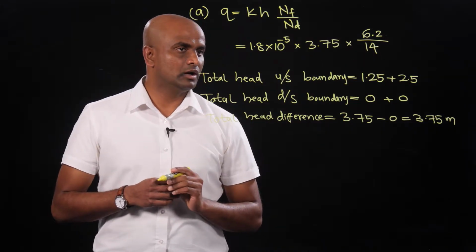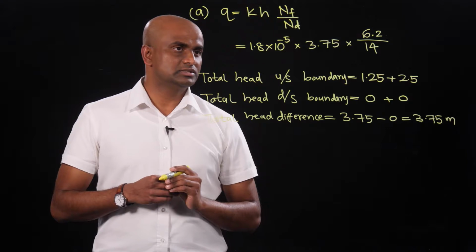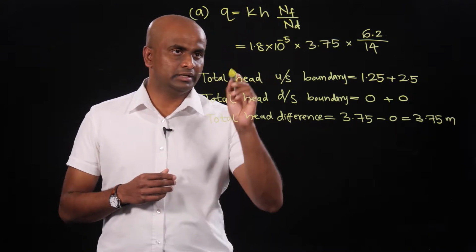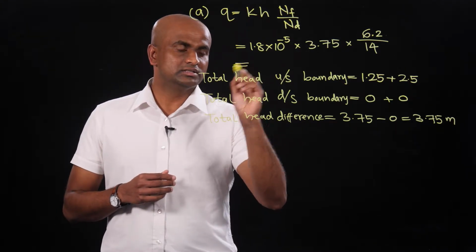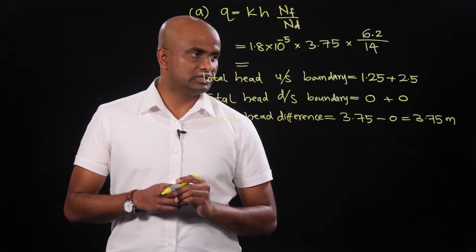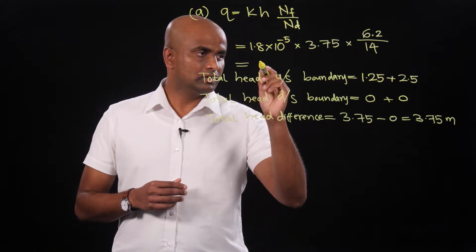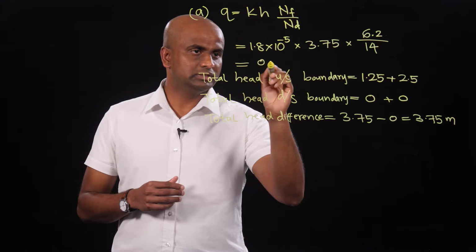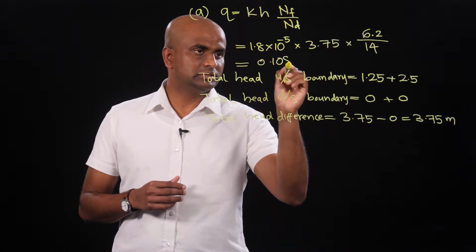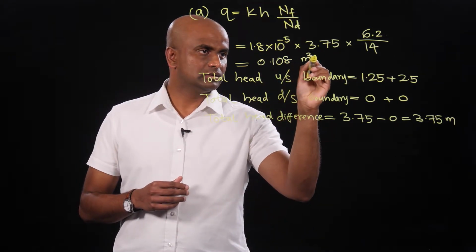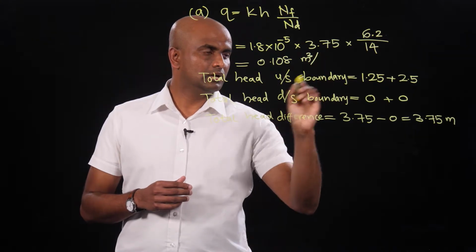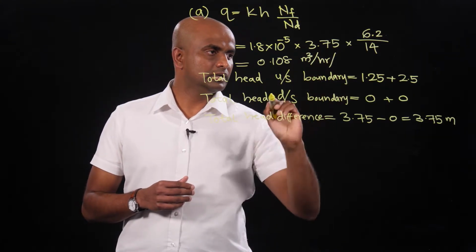So that will be your N_D value. From this we can easily calculate the seepage flow rate, which will come out as 0.108 cubic meters per hour per meter length.